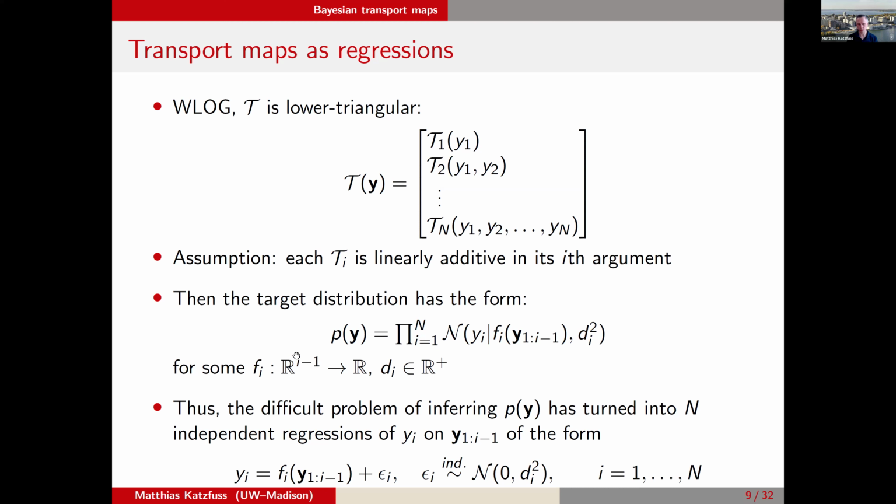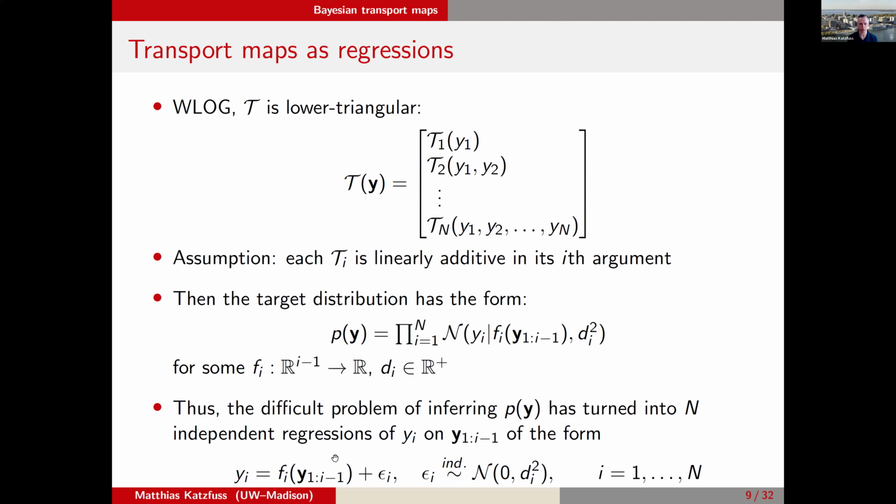So this could be potentially fairly high dimensional when we have a large n, and therefore the i could also be large. But this is nice in that we've now turned this problem of estimating this n-dimensional, potentially complicated distribution P of y into just n independent regressions of yi on the previously ordered y1 through yi minus 1.